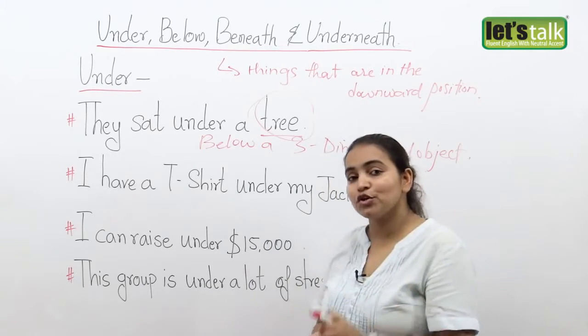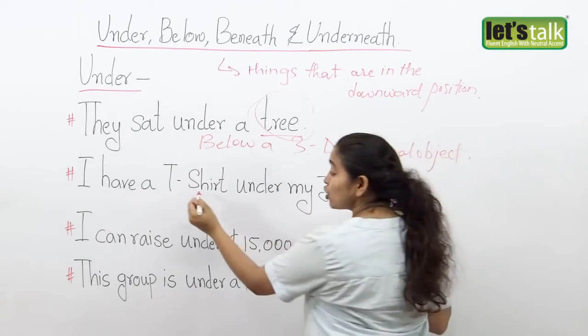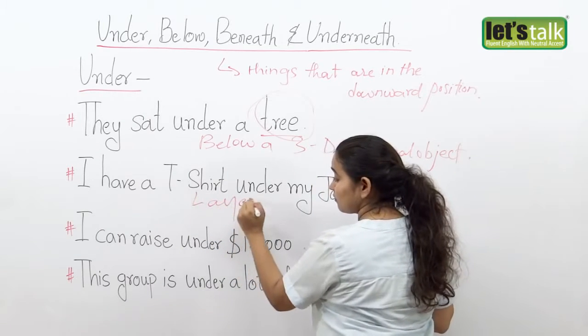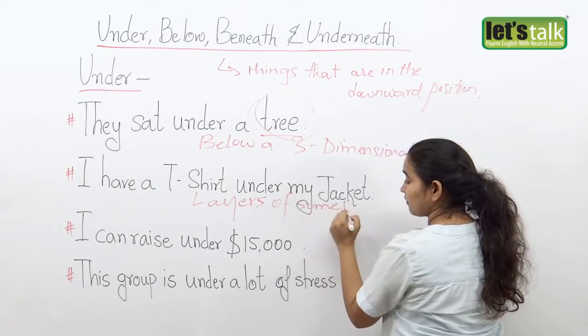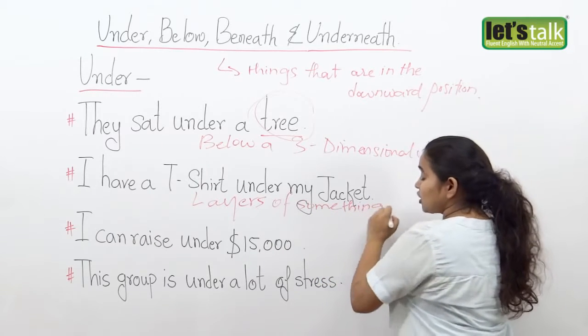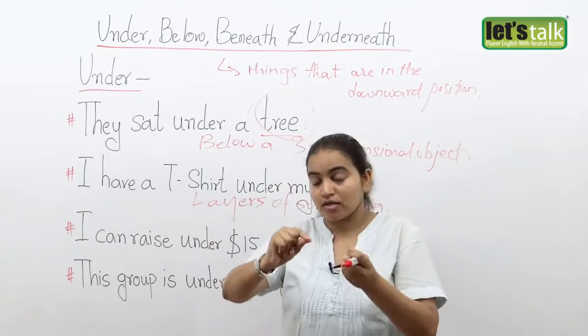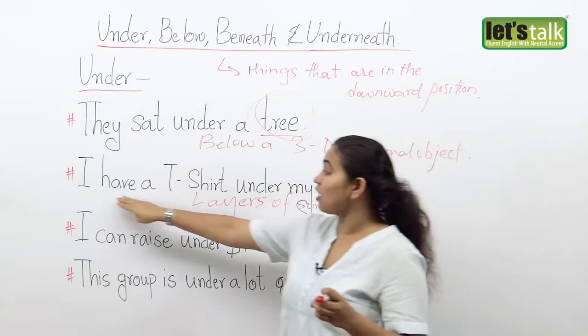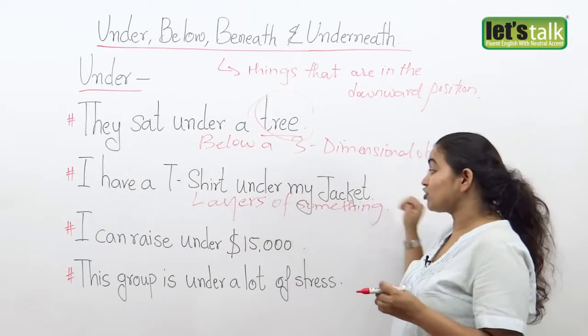Now, I can also use the word under when I want to talk about layers of something. So if I want to say that something is under a layer, for example, I have a sentence like, I have a t-shirt under my jacket.